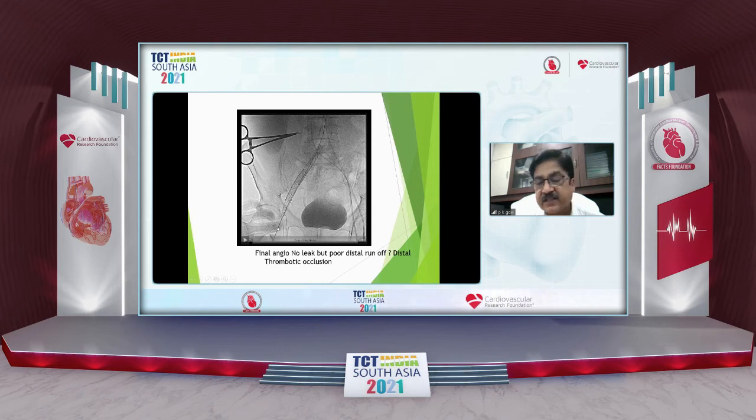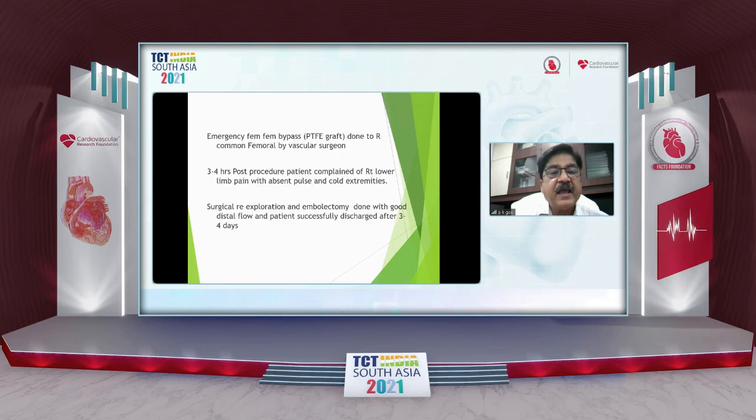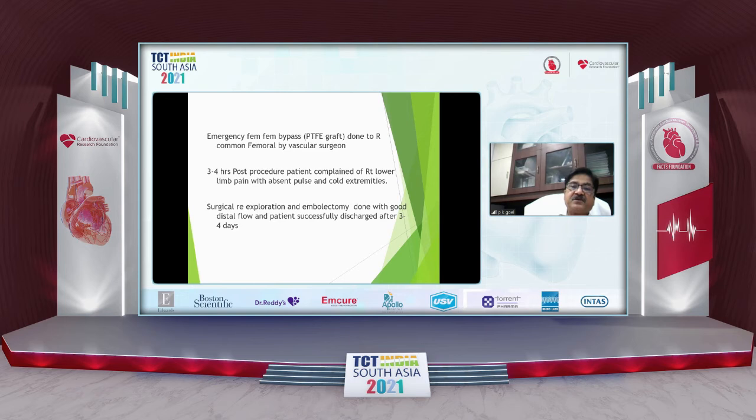But anyhow, at that time, the team decision was that probably there is a thrombus here, and that's why the distal runoff is not happening. And then an emergency fem-fem bypass was done to the right common femoral by the vascular surgeon.